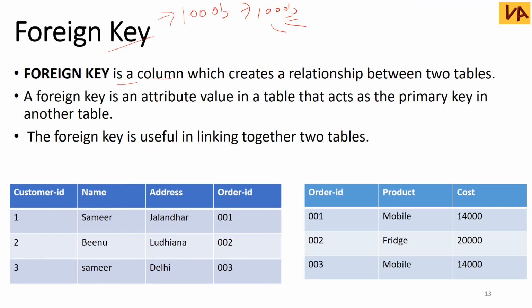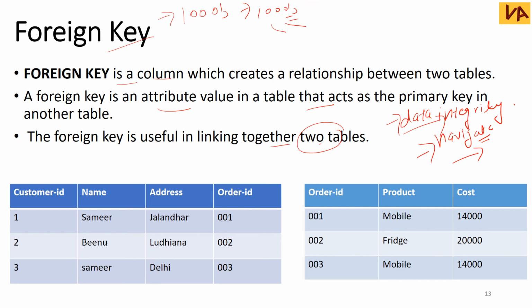So a foreign key is a column value in a table that acts as a primary key in another table. The foreign key is useful in linking two tables together to maintain data integrity and to allow navigation between the tables. So these are the two usages of the foreign key: to maintain data integrity and to navigate between two tables.